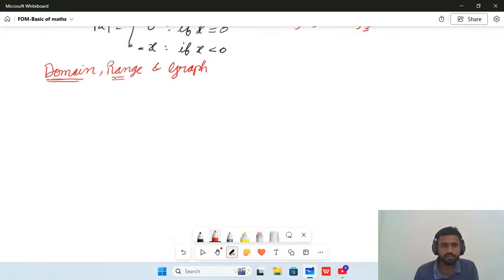So what is the domain of this modulus function? Any input we can give to the modulus function. Basically we know that a domain is a set of x values for which the function is defined.